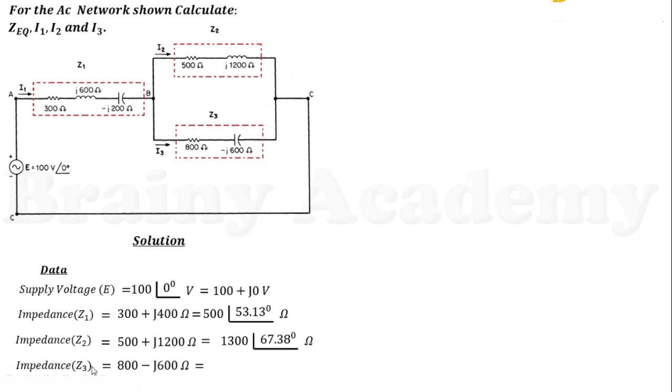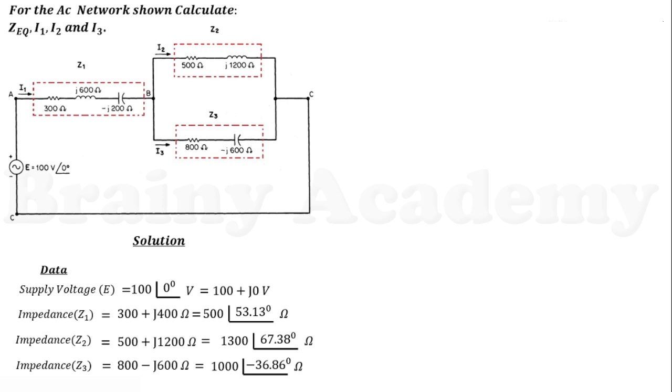And converting Z3, which is 800 minus J600 ohms, into polar gives 1000 angle negative 36.86 degrees, in ohms. I hope you understand. We converted because as we do the calculation, we'll be switching. All right, let's move on.